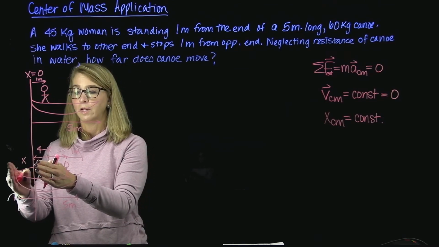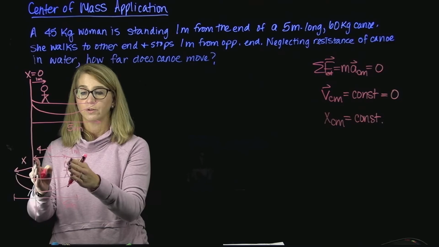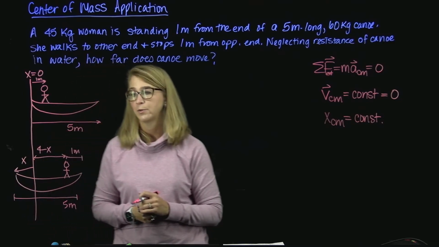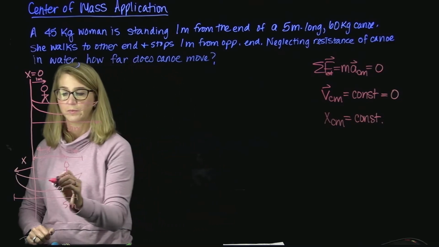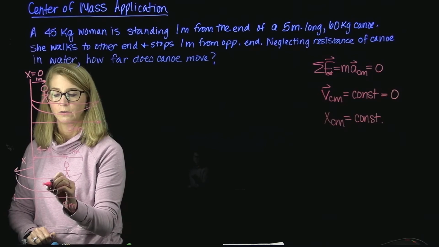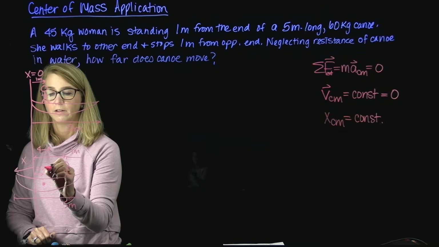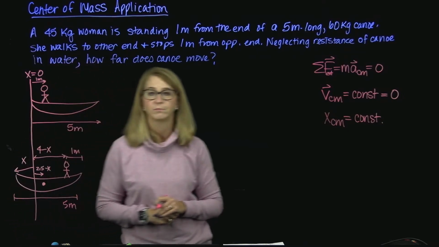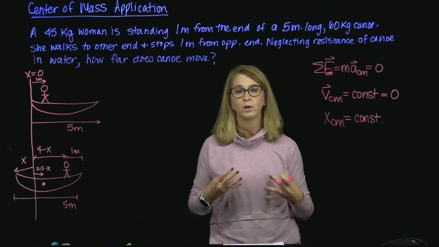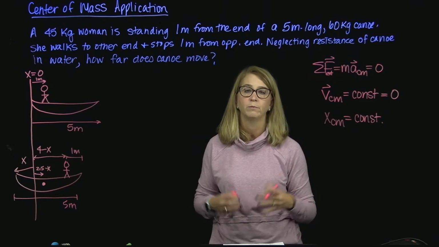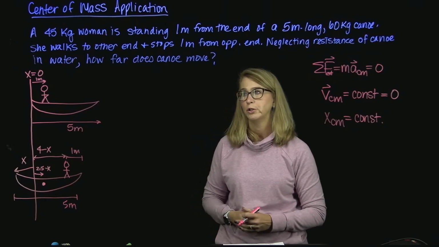But we're not counting this x distance. So this is just going to be 4 minus x. Similarly, the center of the canoe is going to be measured as 2.5 minus x. Okay, so those are the positions of both her and the canoe.